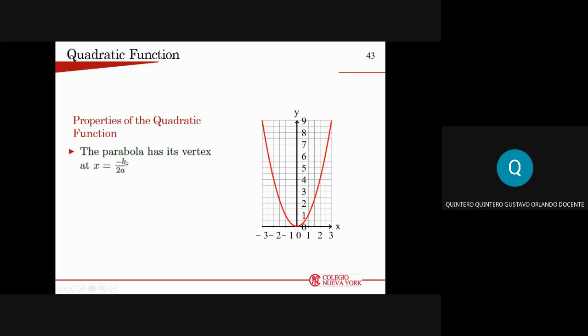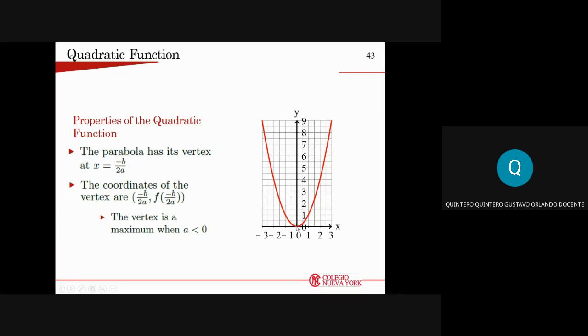Now, b is the coefficient of x, the value of b, and a is the coefficient of x squared, the value of a. I'm going to do examples of this later on. Now, since the vertex is a point, then that point has coordinates.